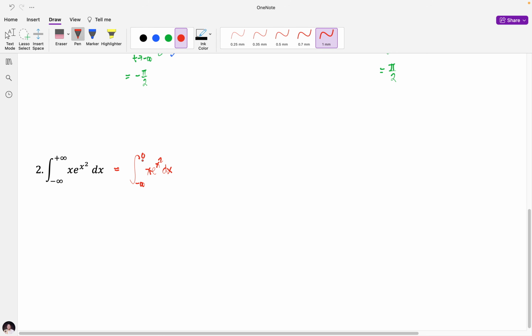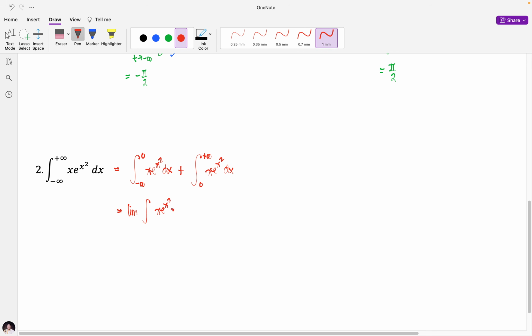So again, I will choose 0 plus the integral of x e raised to x squared dx from 0 to positive infinity.